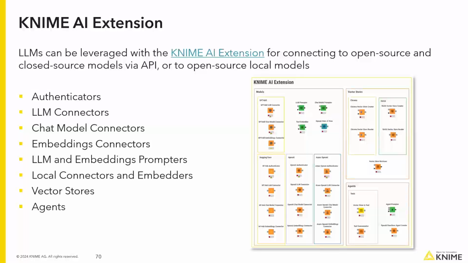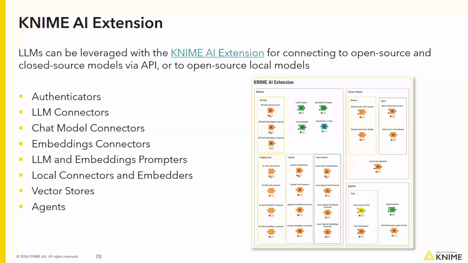And with this extension, we have, of course, nodes to authenticate to the services. So for example, Azure, OpenAI, or Hugging Face, we have nodes to connect to the models that we want to use. For example, GPT 3.5 Turbo. We have nodes to connect to chat models, and we have nodes to connect to embeddings models.